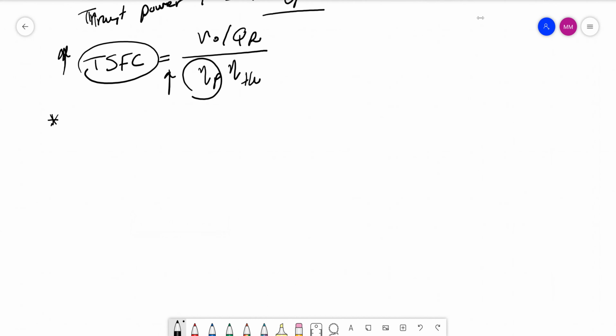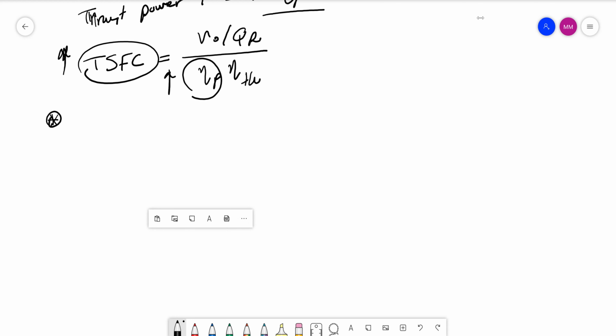But the question that may arise here is that, okay, so why haven't we done this before? Why is this a newer concept compared to the other jet engine concepts? There are some concerns that need to be addressed when dealing with new technology in general, and this specific one, right?